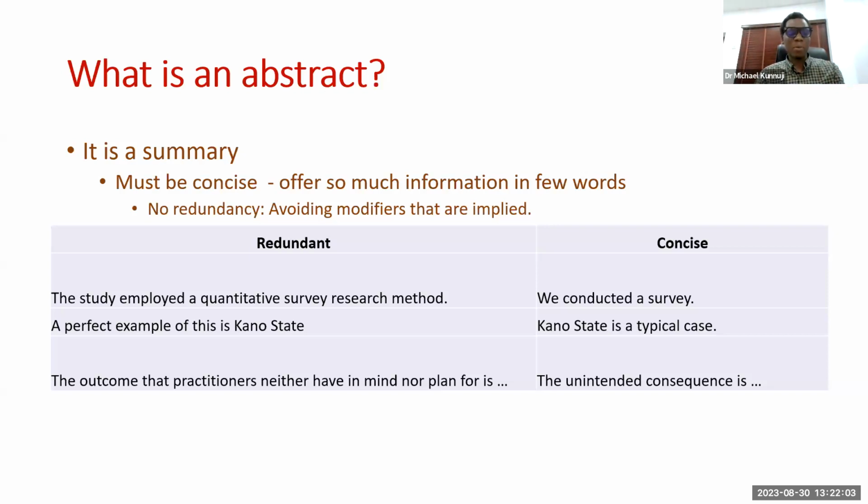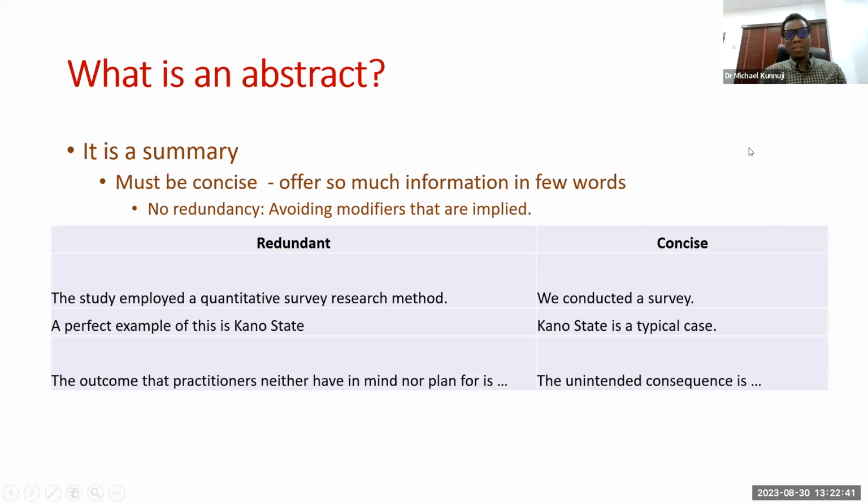Another example, if you say a perfect example of this is Kano State, that statement looks good, but it is better to say Kano State is a typical case. That way you have reduced the number of words you're using and you have taken away redundancy. Also, it is better to say the unintended consequence is, and you move on, rather than the outcome that practitioners neither have in mind nor plan for is blah, blah, blah.